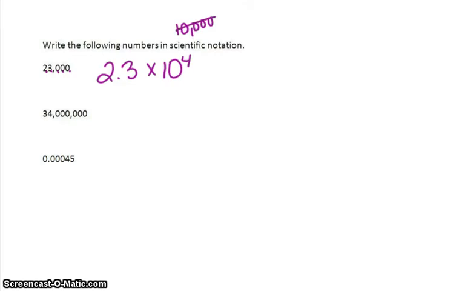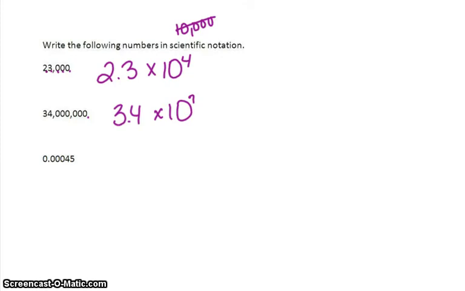Okay, let's do the next one. So same idea, 34 million turns into 3.4. And the decimal point was originally at the end of 34 million. We had to move it, looks like 7 places. So that 7 becomes my exponent. Next one, 0.00045.